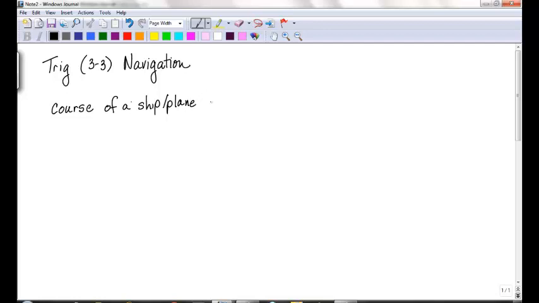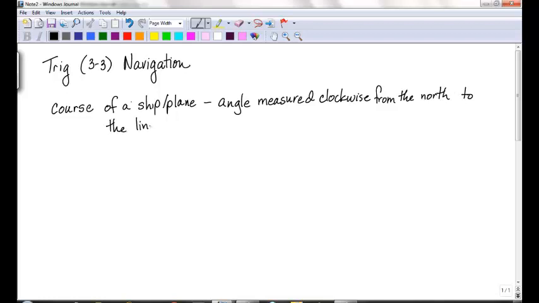The course by definition is the angle measured clockwise from the north to the line of travel. It's measured clockwise from the north to the line of travel. Okay, and that's the course.